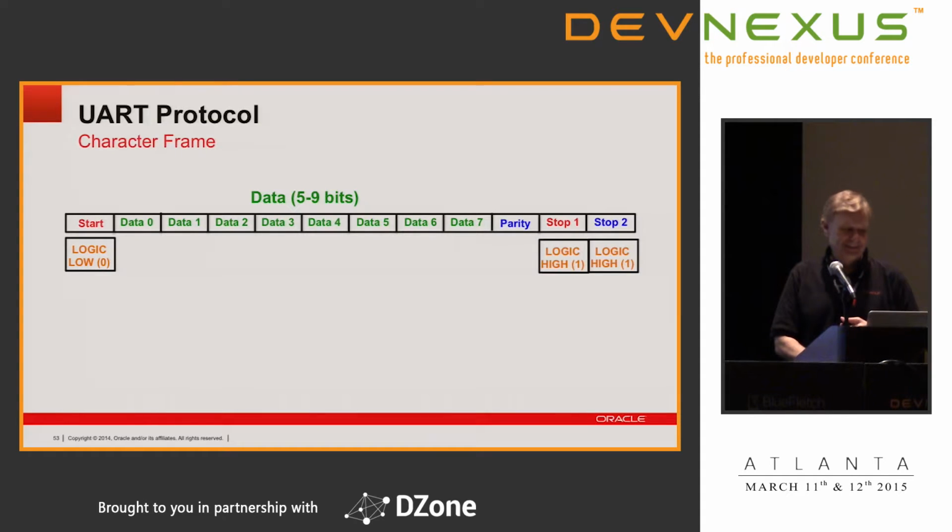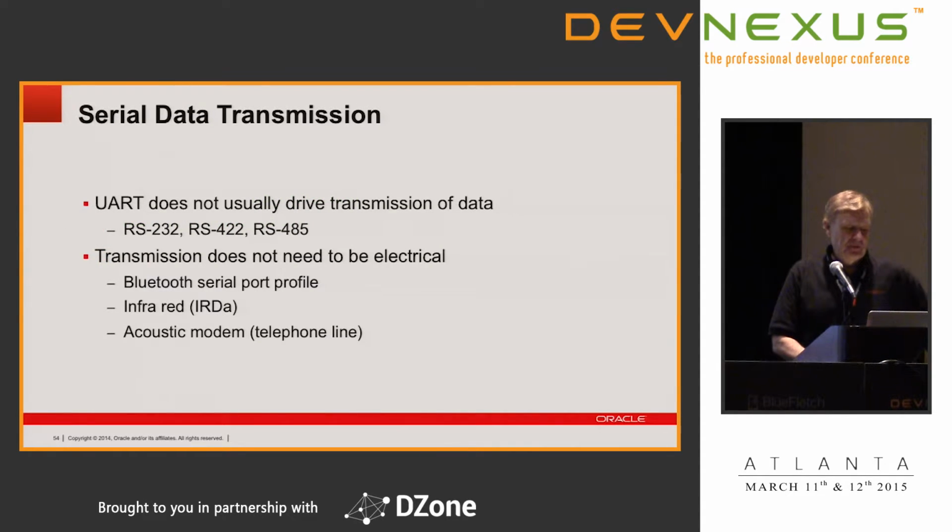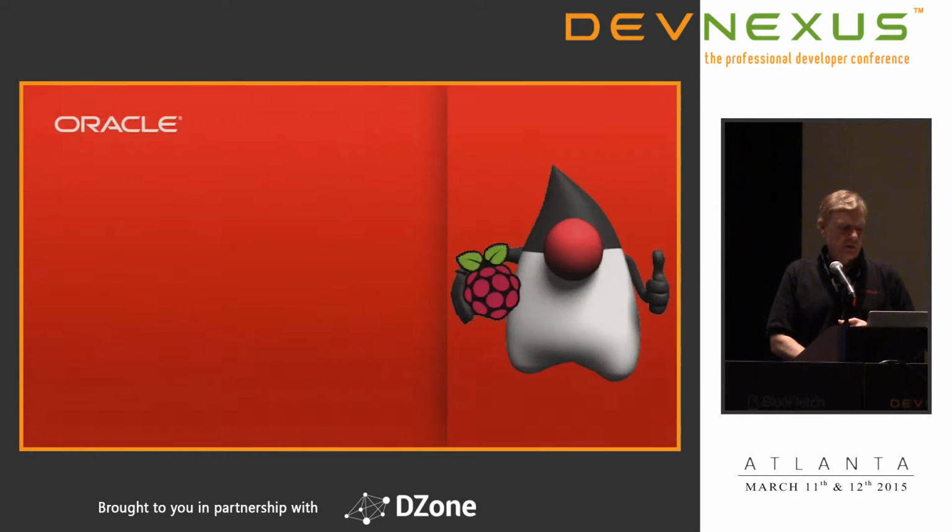UART is a standard, and it doesn't actually usually drive the transmission of data. You've got RS-232 and 422 and things like that that actually do the transmission of data. And the transmission doesn't even need to be electrical. You could do UART over Bluetooth.